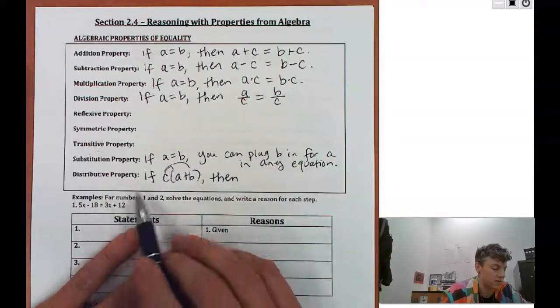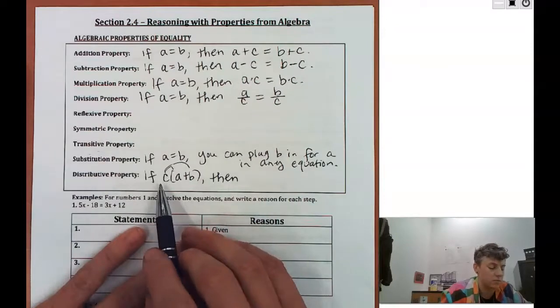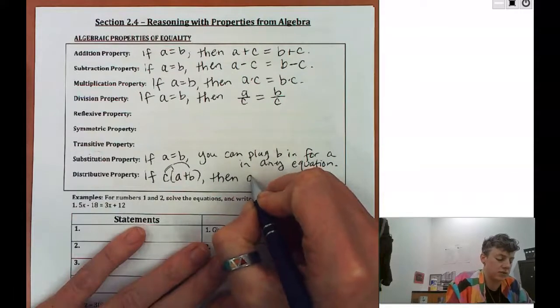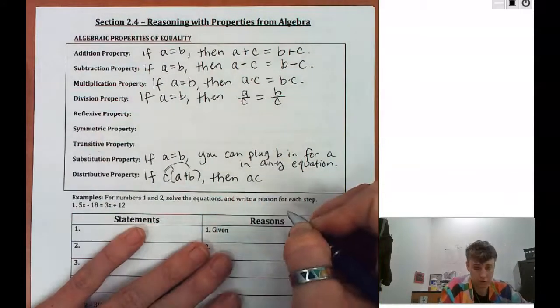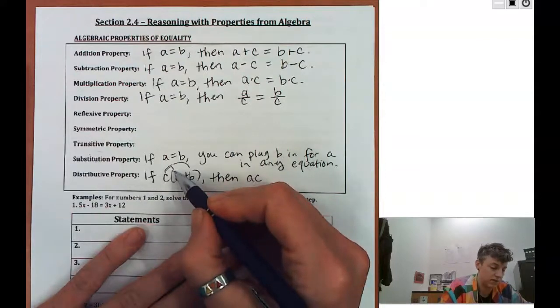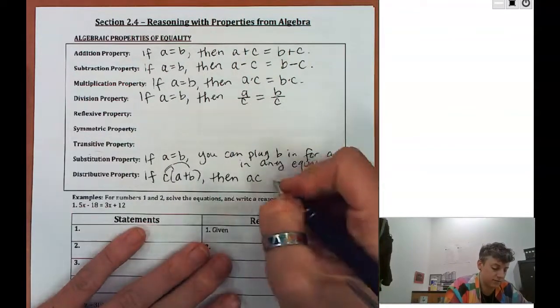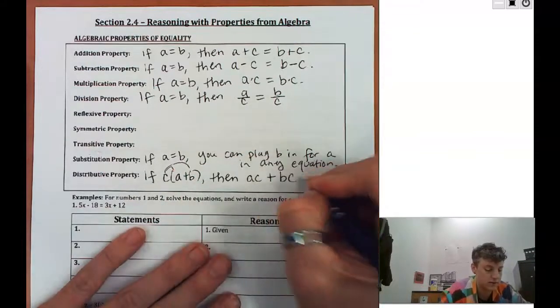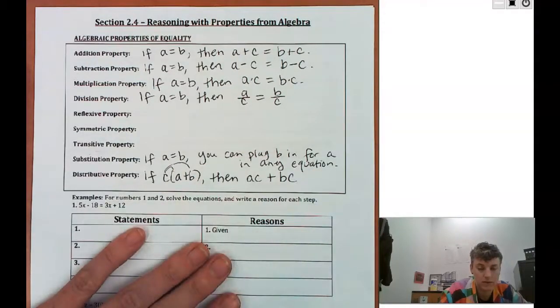Distributive property just means we're using distributive property. But if you have this situation, then you also have A times C. I'm going to write it in alphabetical order because that makes my brain feel better, which is the same as C times A. So C times A is the same as A times C. And C times B is the same as B times C. All right.